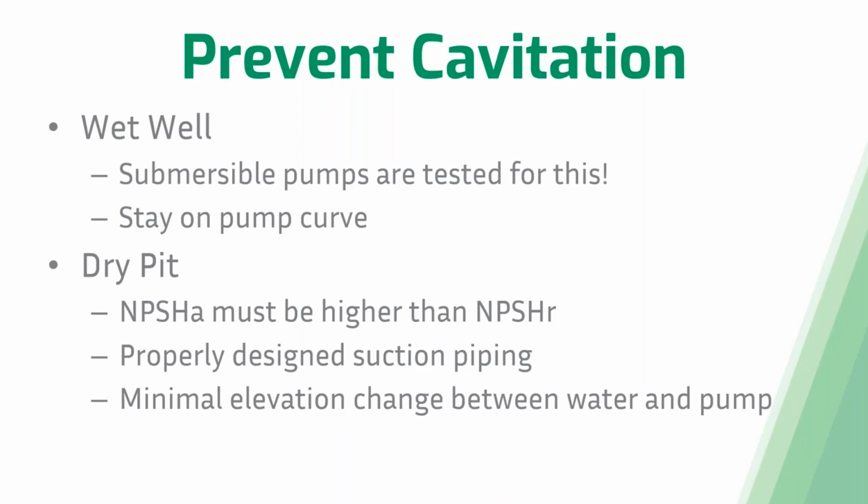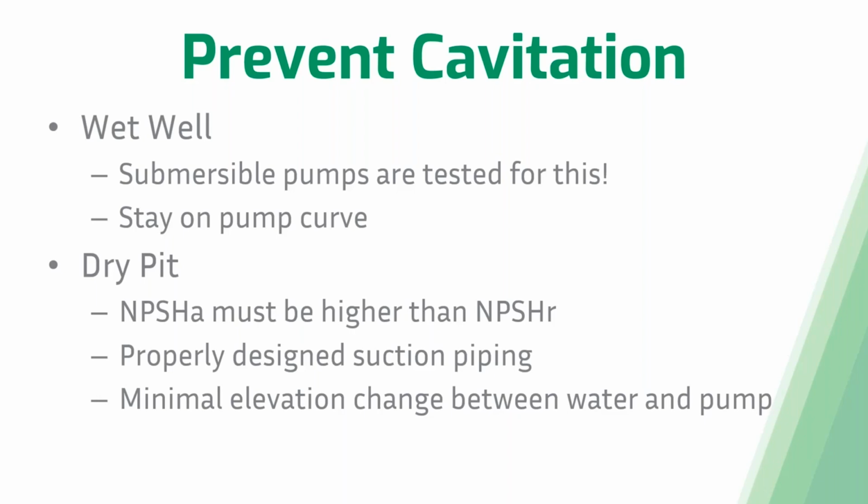You have your net positive suction head available, which is the net positive suction head that occurs in the application, and then you have your net positive suction head required, which is the required NPSH for that specific pump model. Whenever you are designing for a dry pit application, you want to make sure that NPSH available is higher than your net positive suction head required. If that available NPSH drops below your required NPSH, that's when you start to see cavitation issues.